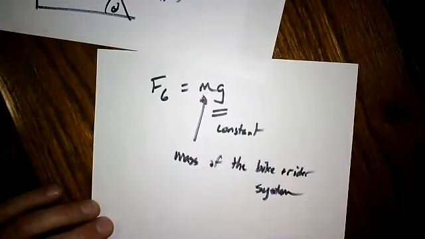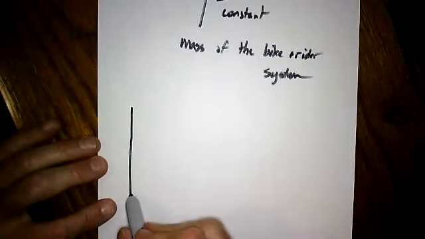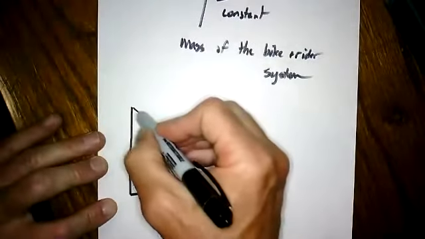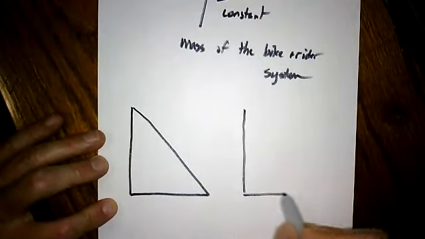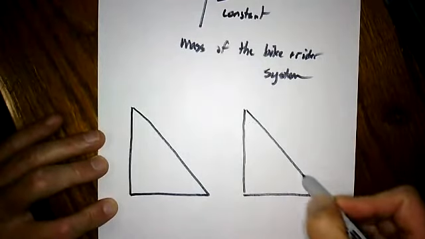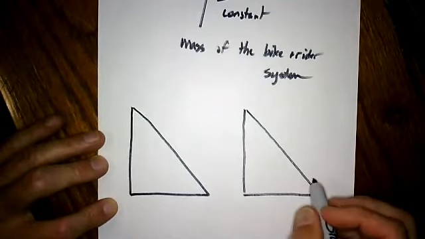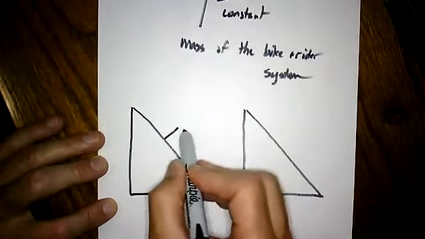Now, let's look at this. I'll try to do it on the same page here. I'll do two slopes. I'll make it pretty obvious. I'm trying to do the same slope, okay? Same object.